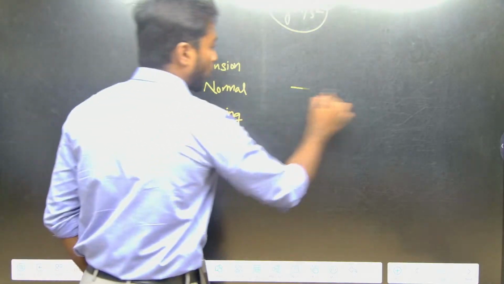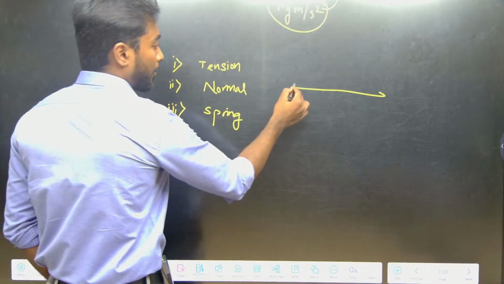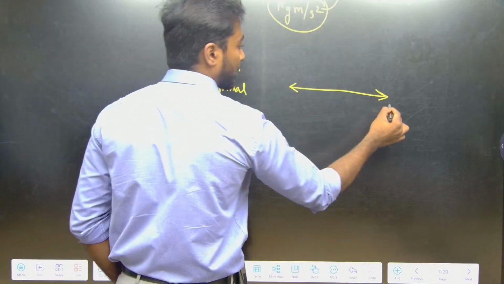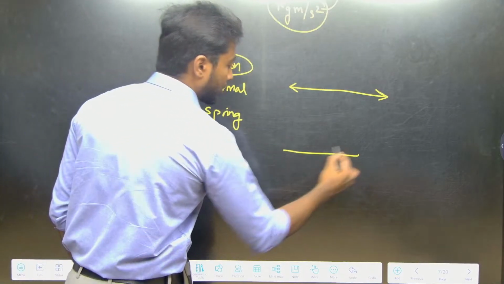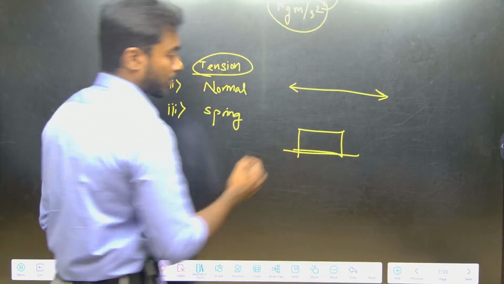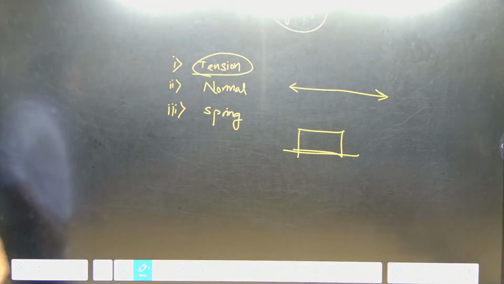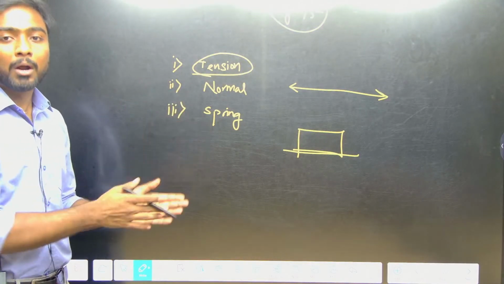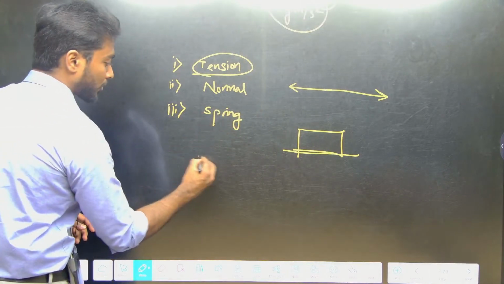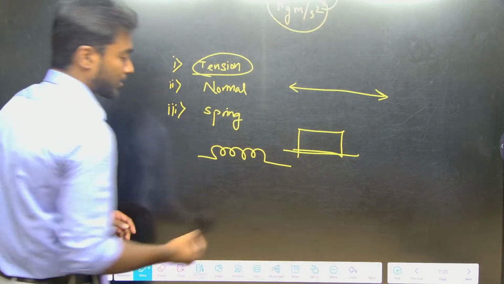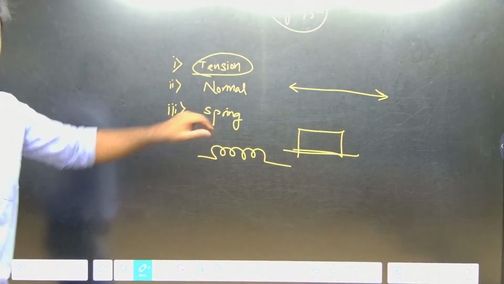If I talk about a rope, one person is pulling like this, another person is pulling like this, so there will be a tension. Normal force is when an object is on the floor or when an object is attached to a wall, so some normal force will be there. For every spring there will be a force, that force is called spring force.